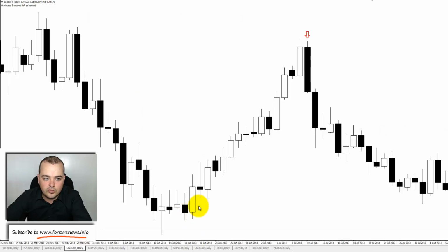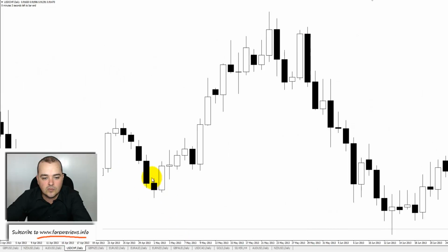Pull the chart back a bit further. We've got a bullish engulfing, price broke above, price went up. We've got a bearish engulfing, price broke below, price went down. Bullish engulfing, price broke above, price went up.